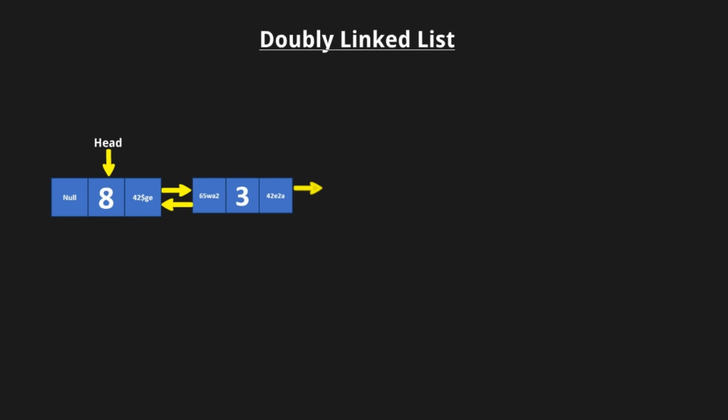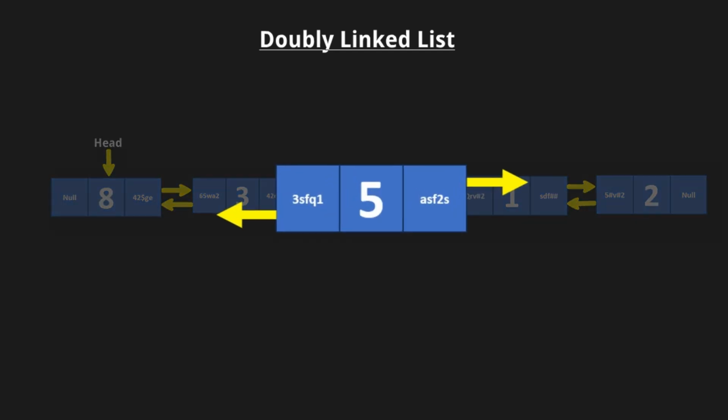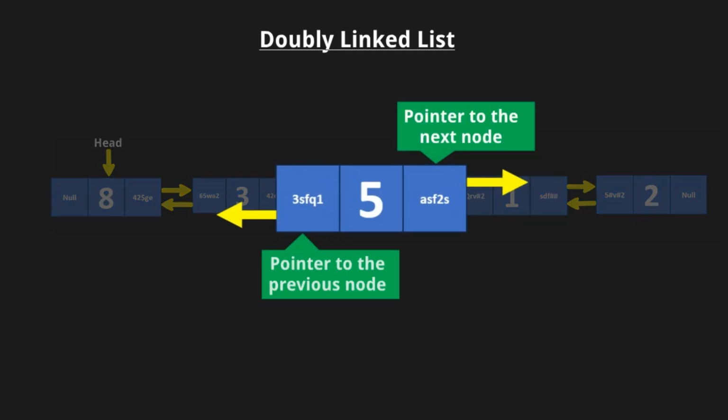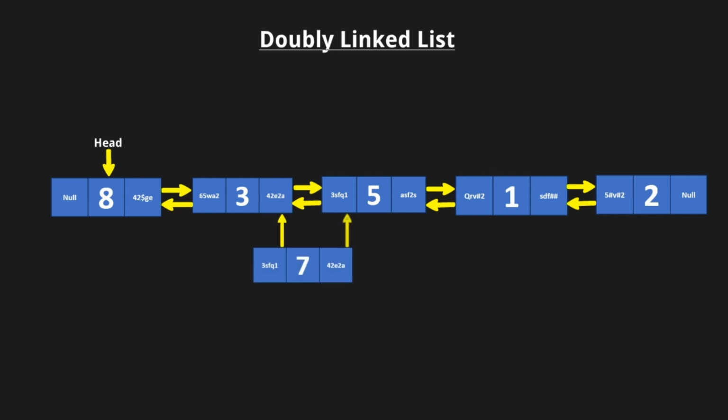Next up, doubly linked list. Unlike singly linked lists, doubly linked lists allow traversal in both directions. Each node contains two pointers, one to the next node and one to the previous node. With bidirectional navigation, you can move forward or backward through the list. This makes operations like insertion and deletion more flexible and efficient.